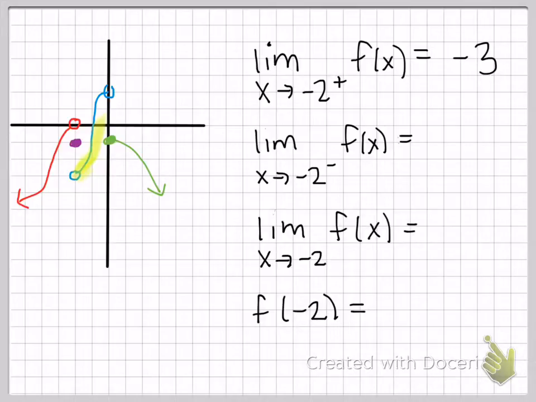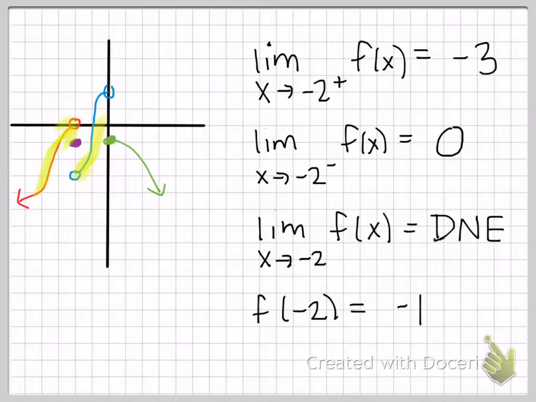As I approach -2 from the left side, my y value is getting closer to 0. So again, overall the limit does not exist. And for the bottom one, f of -2 is -1. So notice, I can have all three of these different y values happening, and a limit can still not exist because they're not approaching the same thing.